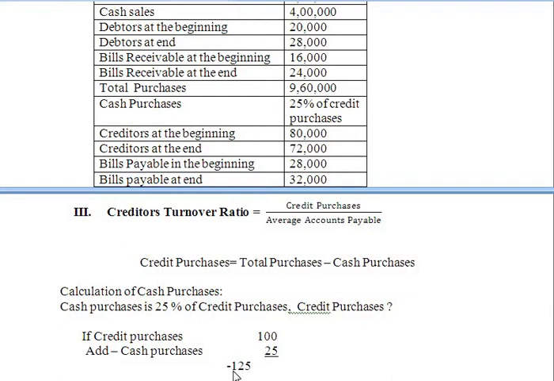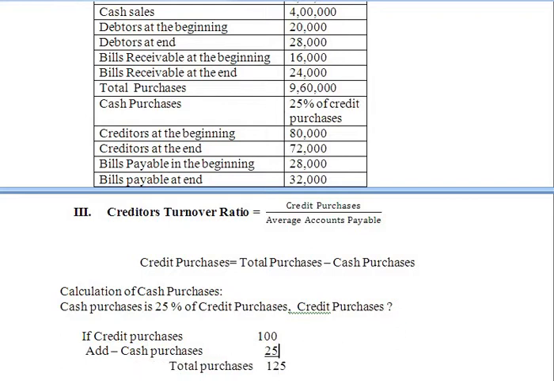So we'll write here total purchases, how much? 125. You understood how this 125 has come? 100 plus 25. 100 is credit purchases, and 25 is cash purchases.